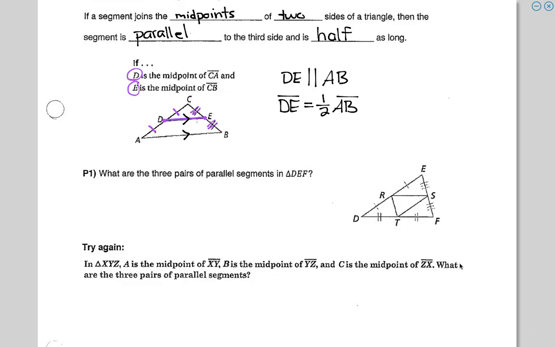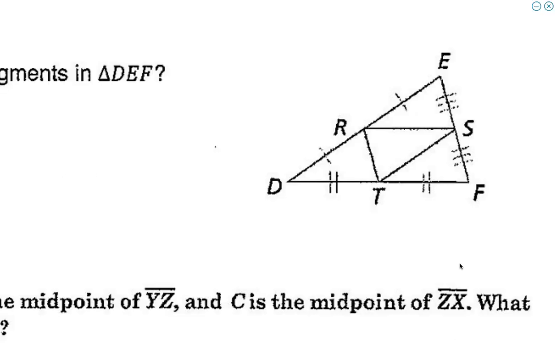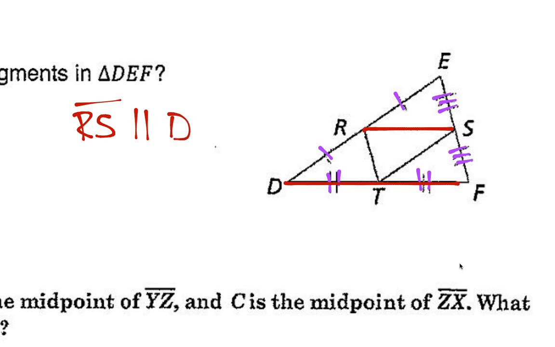So putting that straight to use, what are the three pairs of parallel segments in triangle DEF? So pay attention to all the congruency markings. So we have RS is parallel to DF.